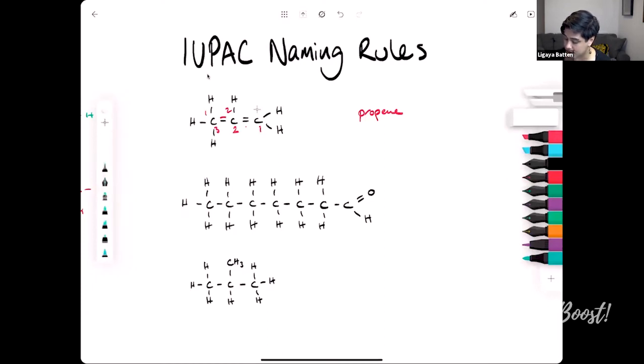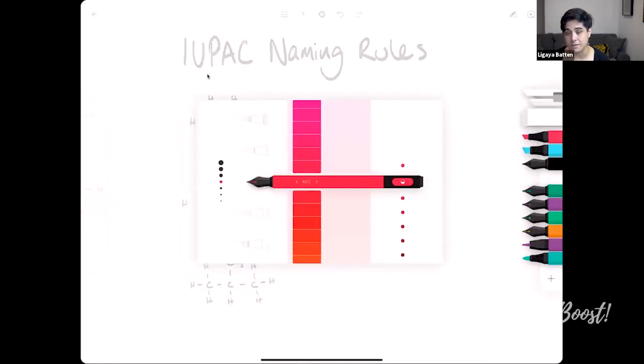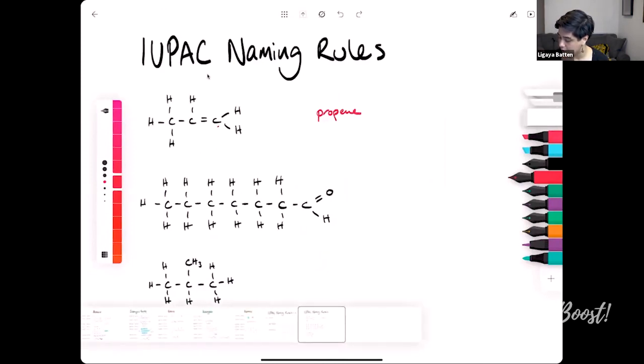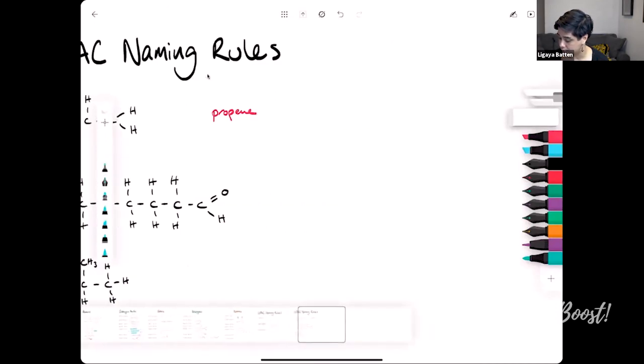Hopefully that makes sense. If you can draw the same molecule but in a different rotation, then you don't need to write the number to clarify. The longer the molecule, the more likely you need to write the number. So just as an example, if we were to draw butene, I'll just move it across here.